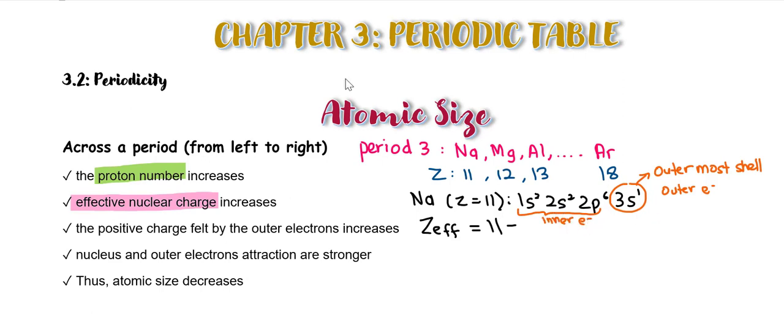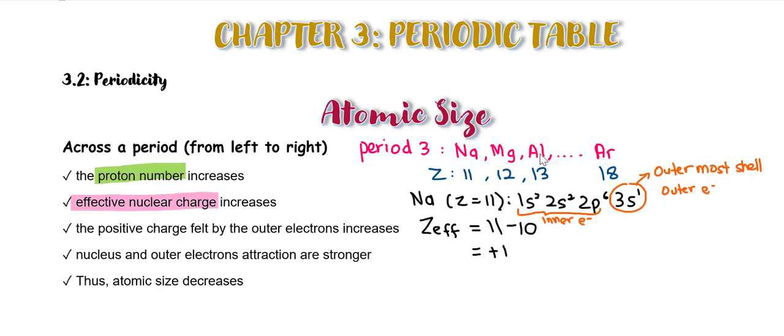So the inner electrons of sodium are 2 plus 2 plus 6, so we get 10 electrons. So the effective nuclear charge of sodium is 11 minus 10 equals positive 1.